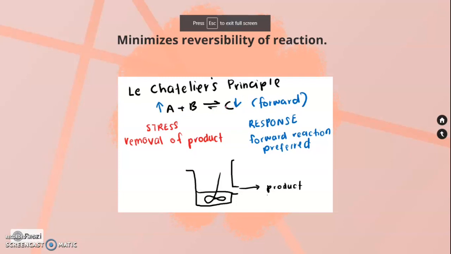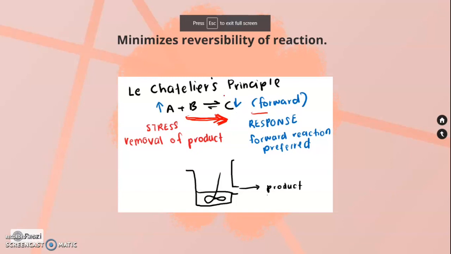When the product is low, the reaction will always want to go forward to respond to this situation. Because in the industry, we want to produce as much product as possible. So we don't want the equation to be reversed backwards. We always want the reaction to move forward.